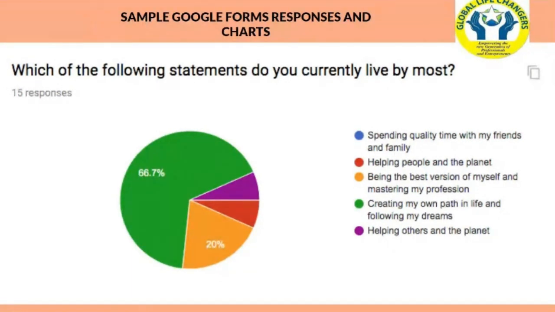And 66% of the people who filled the form indicated creating my own path in life and following my dreams. So that is what they live by. And just at a glance, you will be able to know which one is leading and which one to work with. Great.